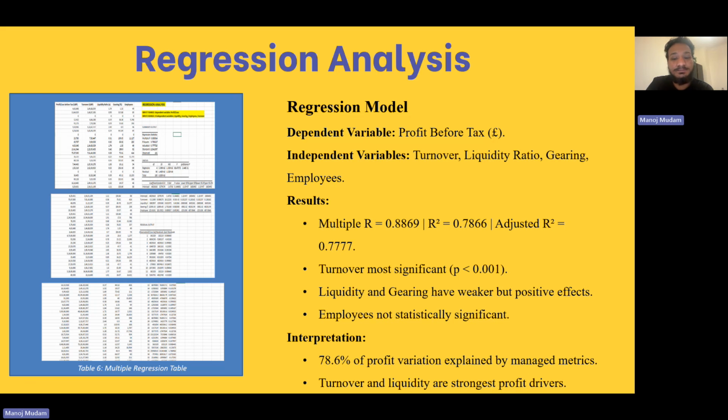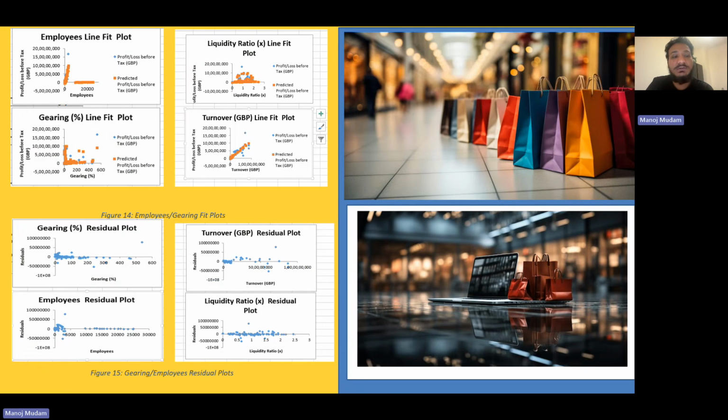Going to the next slide, predictive analytics. The regression equation predicts profit based on the managed variables, including turnover, liquidity ratio, gearing, and employees. The model is very reliable, with an R2 of 0.782, which accounts for the percentage of profits. The greatest impact is made by turnover, which affects profitability strongly, as does the number of employees.